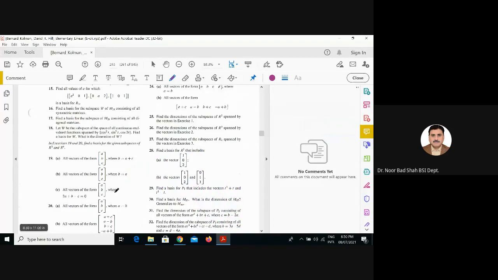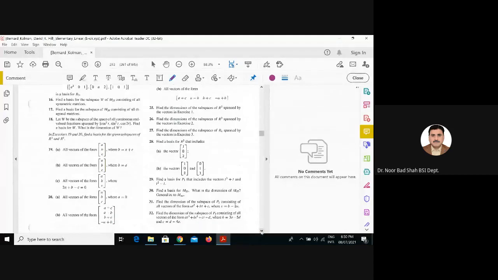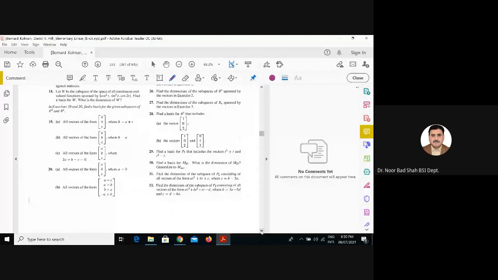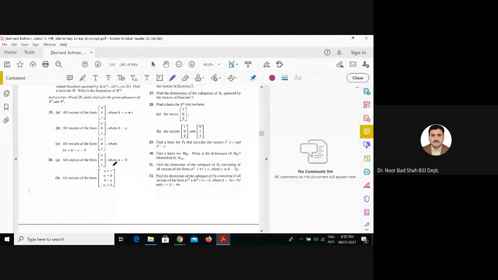Similarly, in part C, you would write C is equal to 2A plus B. So you write here 2A plus B, and then again you split the vector, you will get two vectors. In 20, we have same A is equal to 0, so we get 0, B, C. So you would write that as 0, B, 0 plus 0, 0, C. And then you take vectors 0, 1, 0 and 0, 0, 1.